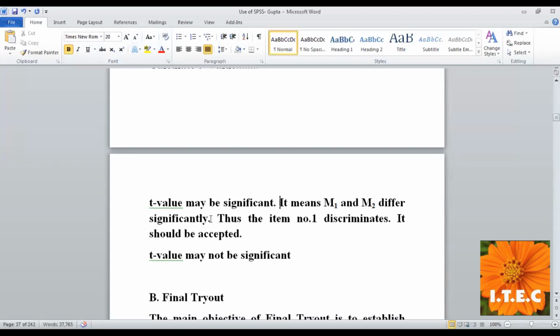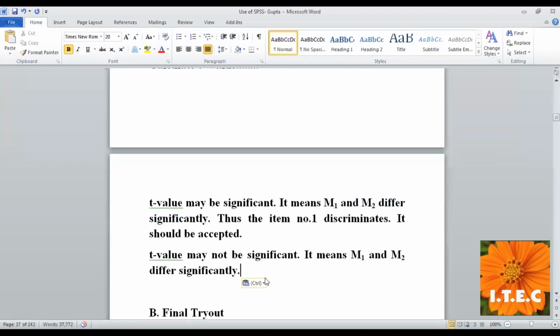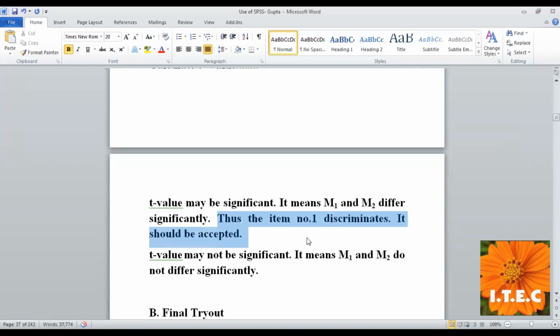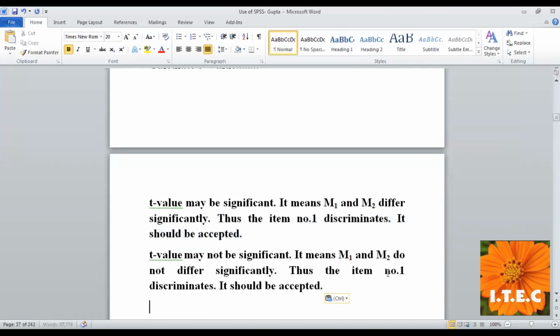It means that mean 1 and mean 2 do not differ significantly. So item number 1 does not discriminate. So it should be rejected.